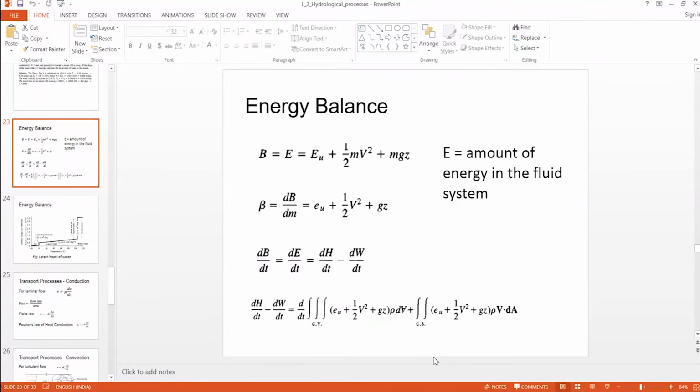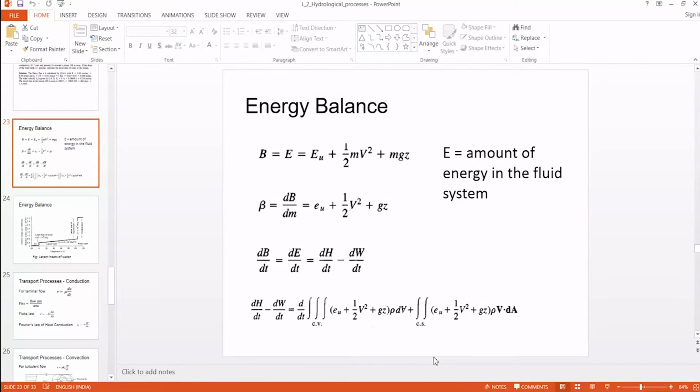Yesterday I taught you Reynolds transport theorem, how to apply it for the continuity equation and momentum equation. But we can also apply this Reynolds transport theorem for the energy equation.